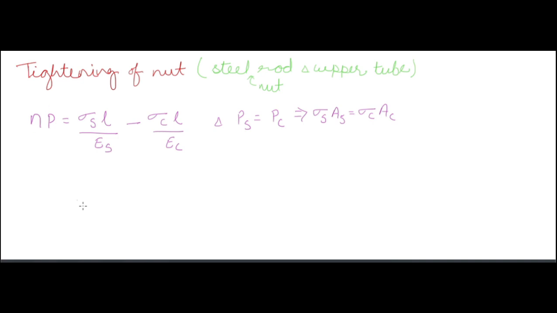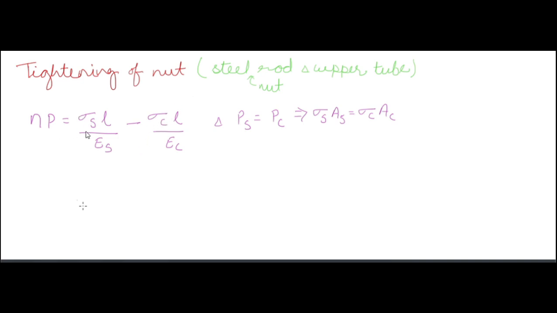So the number of revolutions into the distance moved in one revolution is equal to sigma S L by ES minus sigma C into L by EC. The bolt made of steel is getting elongated and the tube made of copper is getting compressed. So sigma C is negative and sigma S is positive.